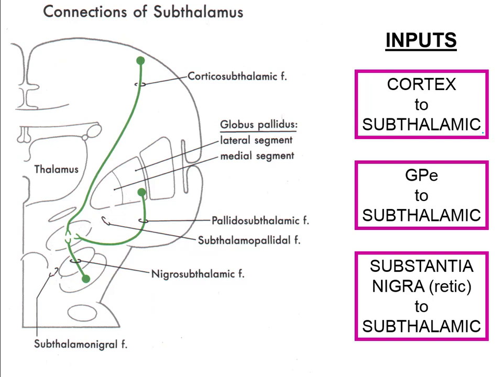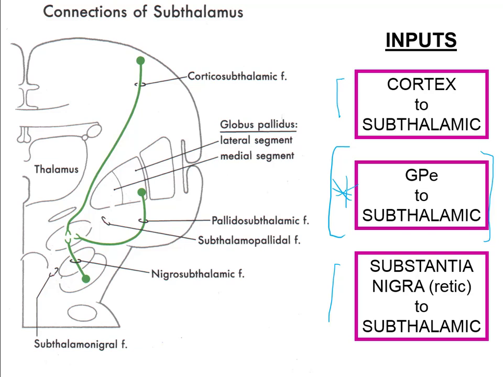So one of those is that the GPE projects to the subthalamic nucleus. Okay? GPE projects to subthalamic. Subthalamic also gets inputs from the nigra and a little bit from cortex. But this is the big one that matters. Okay?